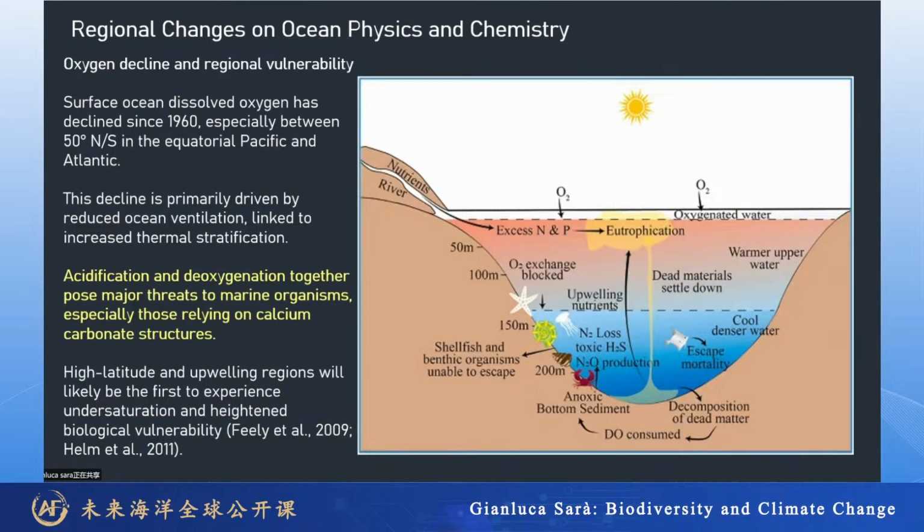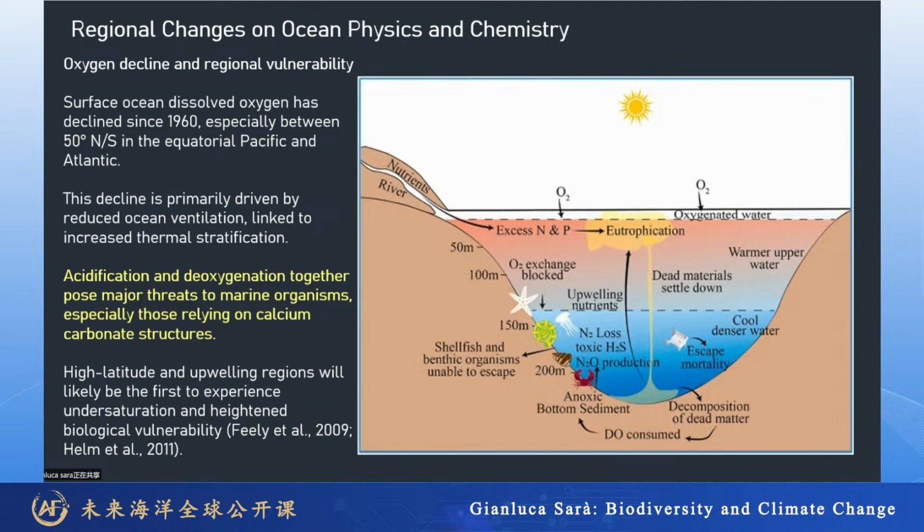You can have local drivers, for example, because at a local level contamination can push the lowering of oxygen level, but you can also have a global or regional effect due to the increase in temperature and other global factors.